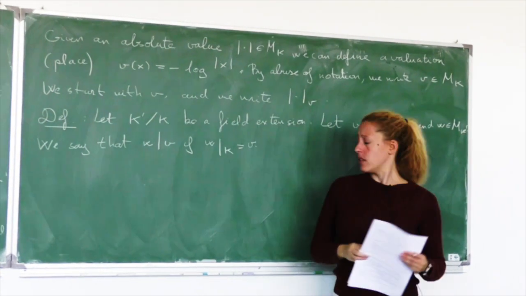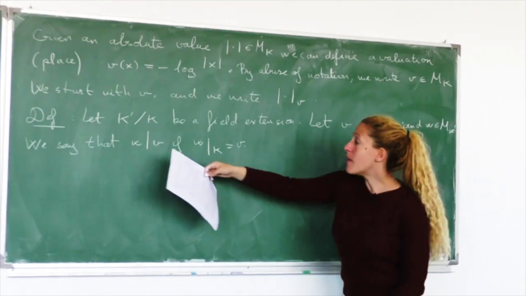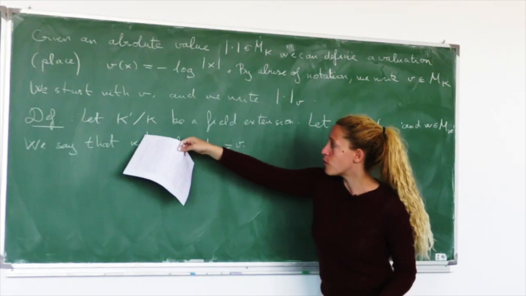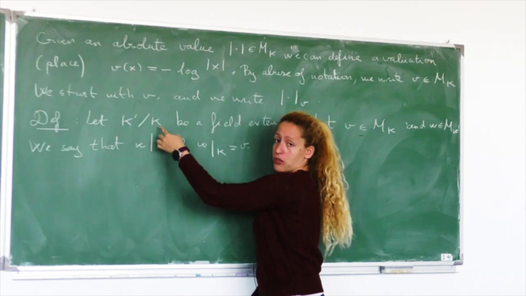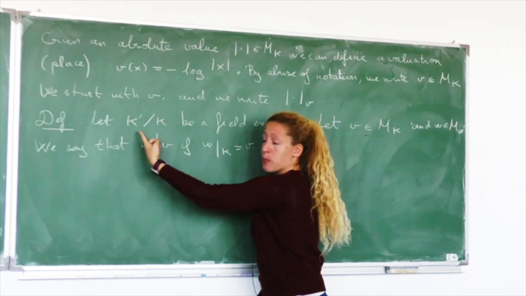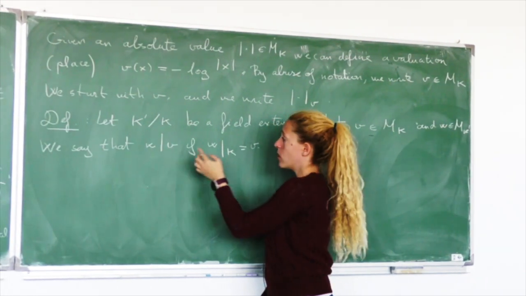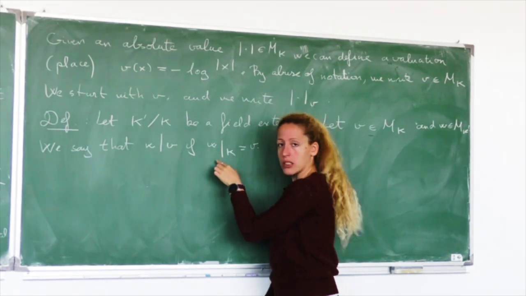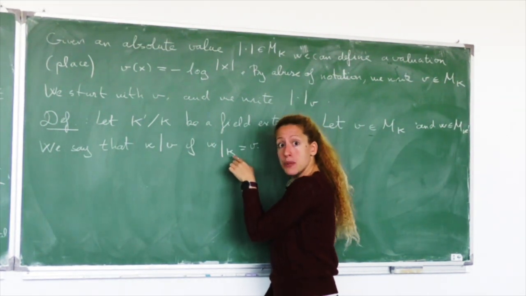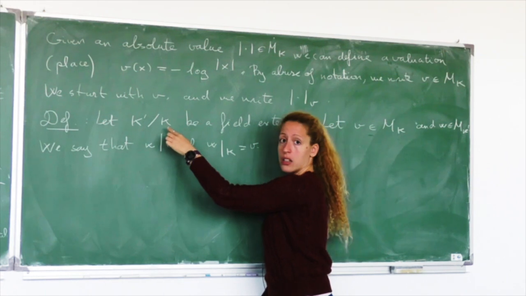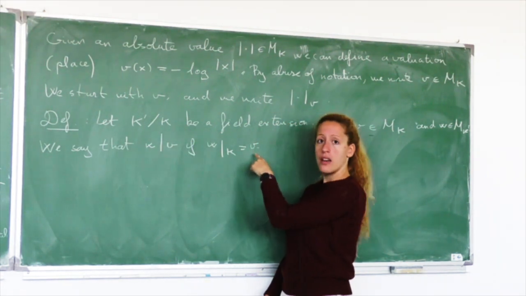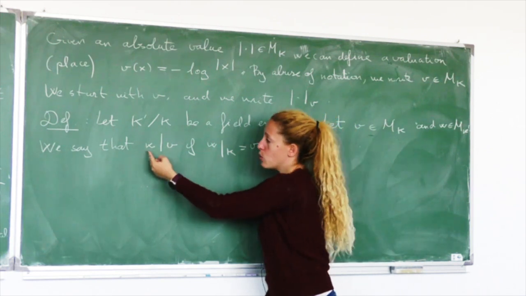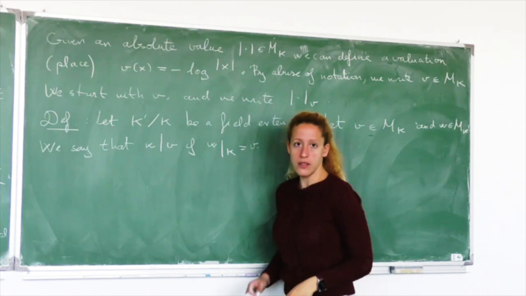So what I did here: W is a valuation for K prime, but K prime is an extension of K, so K is inside K prime. I can look at W restricted to K, and this gives me a valuation on K. If this valuation happens to be V, then I say that W divides V. This is the notation.